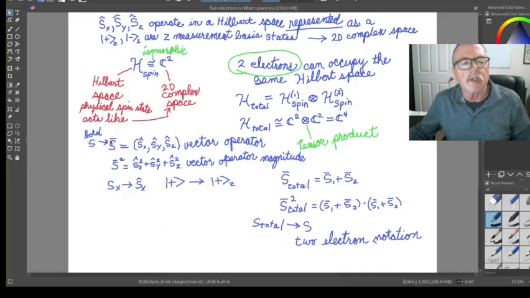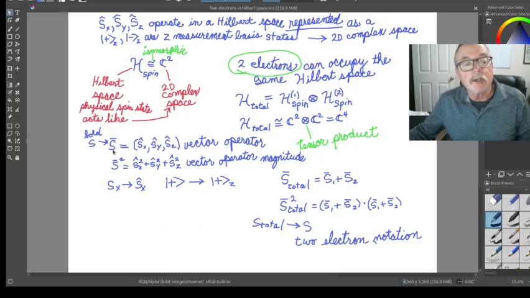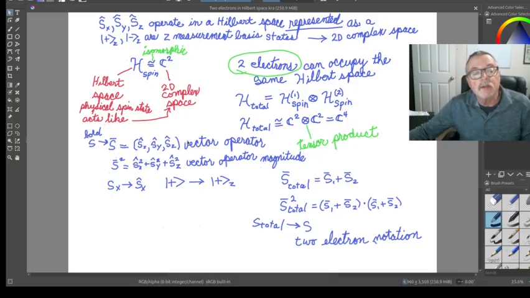Every time I put a line over a letter, that means it's in bold. So a bold S indicates the spin operator, but it's a spin vector operator. It involves all three: S sub x, S on the y-axis, and spin on the z-axis.